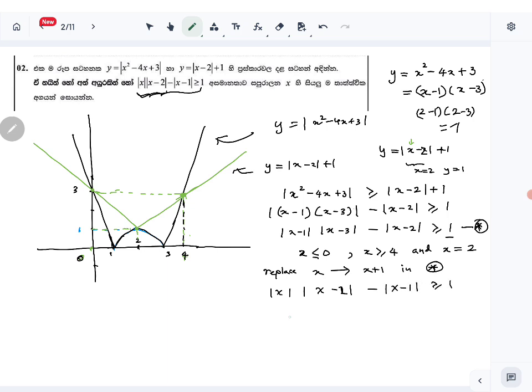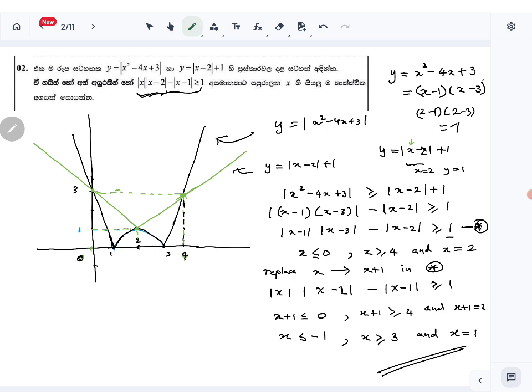So then the answer for this one would be what? X plus 1 is less than or equal to 0. X plus 1 is greater than or equal to 4. And x plus 1 is equal to 2. So then x has to be what? Less than or equal to minus 1 or greater than or equal to 3. And this single point also you have to include, x equals 1.